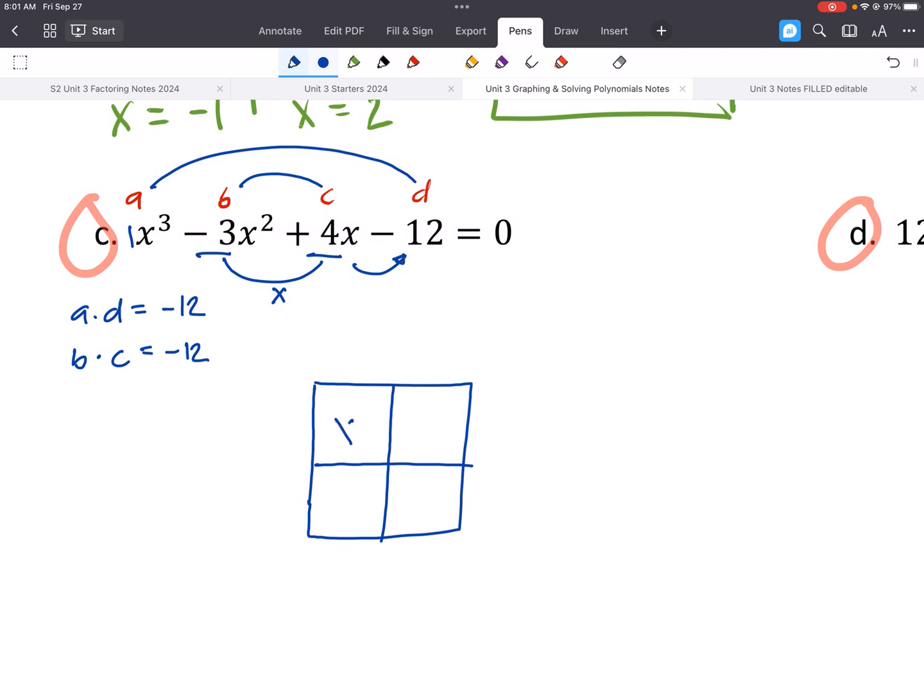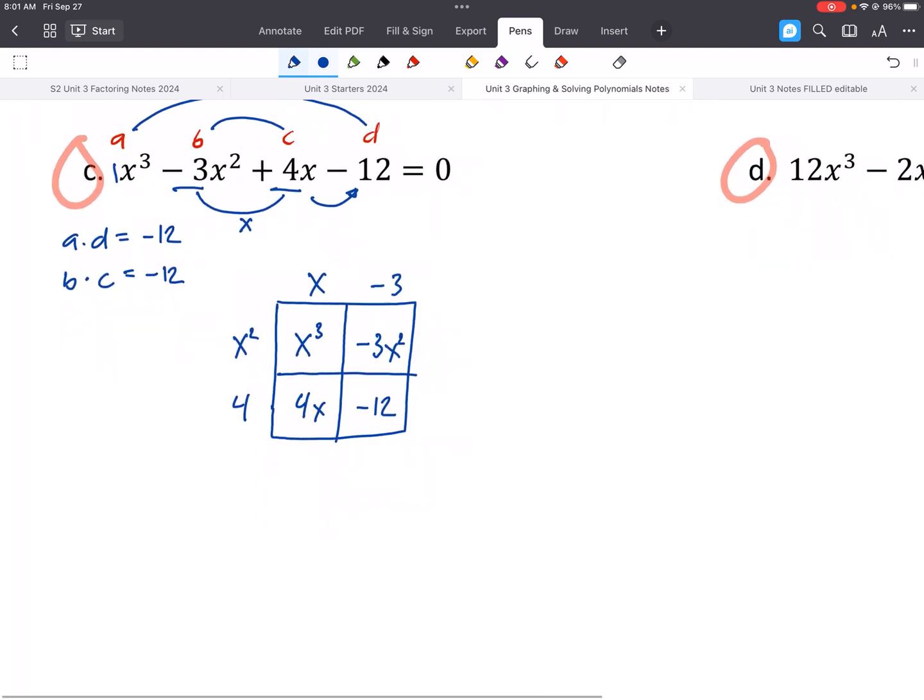So we would put x to the third, and then negative 3x squared, and then 4x, and negative 12. And then we'll just say GCF. What's the GCF for each row and column? So we'd get x squared, 4, x, and negative 3.